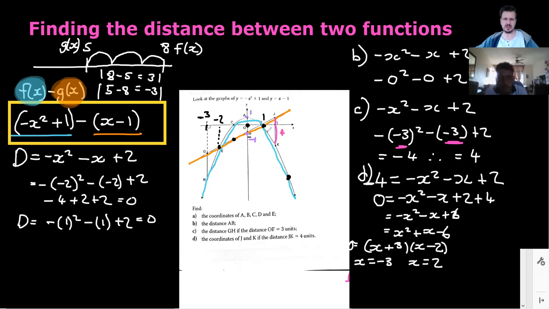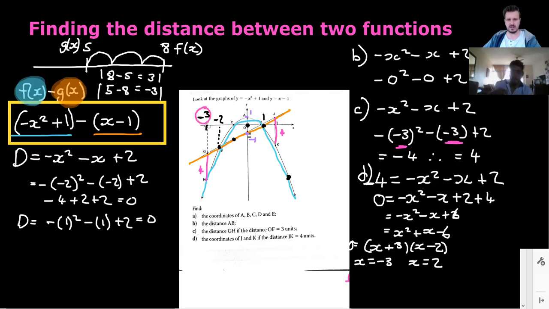Now, that's not the only place where the distance is 4 on the graph. We actually got the other distance over here was 4, 2. And so do you remember when we got that answer of negative 3 when we tried to do this the first time, when we did GH the first time? Yes. Well, we can see that this is negative 3.